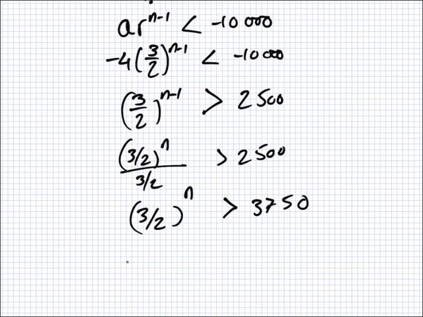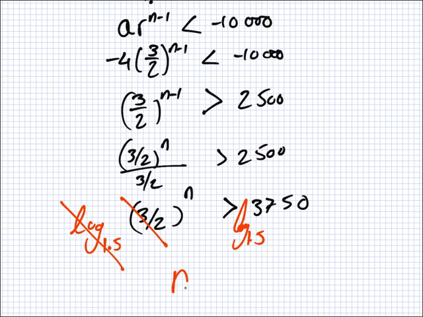I will put on both sides log, and I'll use log base 3 over 2. You can't quite see that. Log base 1.5. Now the reason I'm doing that is because what happens on the left? That cancels with that, because log base 1.5 of 1.5 is 1.